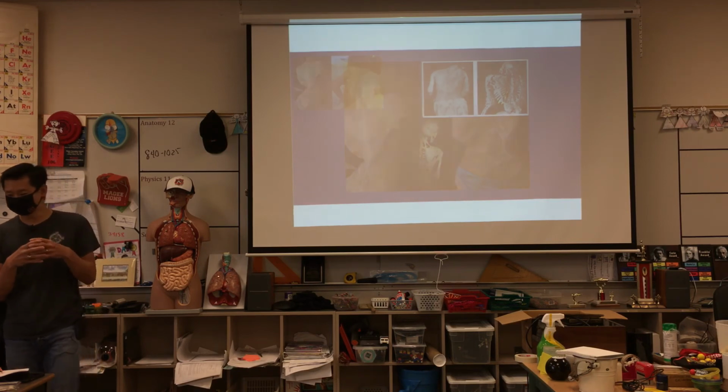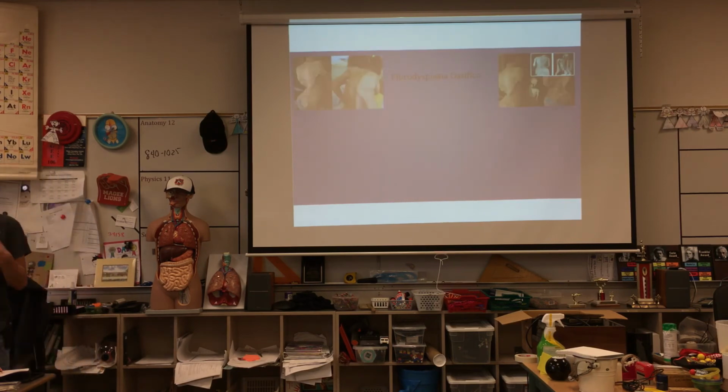And this is where the joints all start to fuse together, and eventually your back and your spine just turns into one solid bone mass. It's a long name. Fibrodysplasia ossificans progressiva.